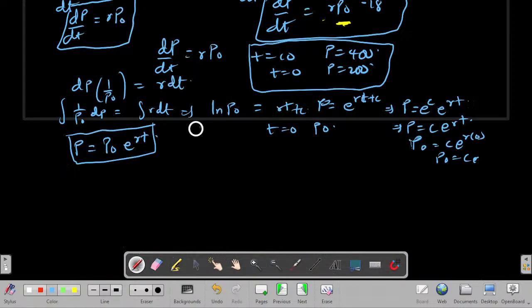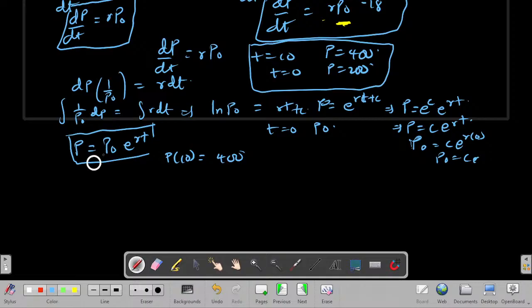So here, I'll have P of 10 equal to 400, and my original P naught equal to 200.